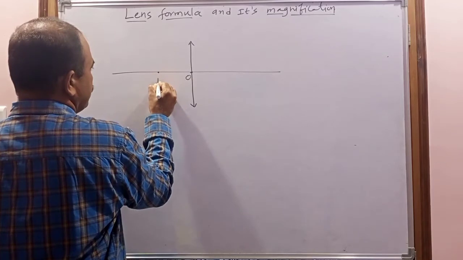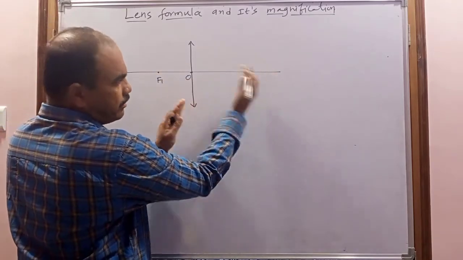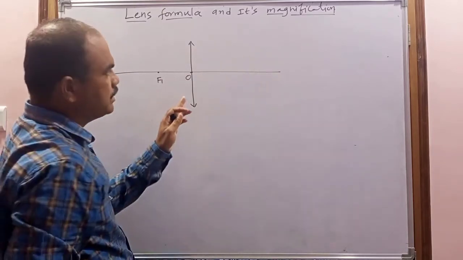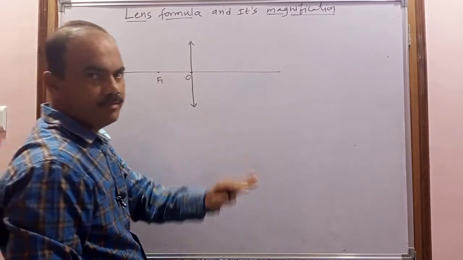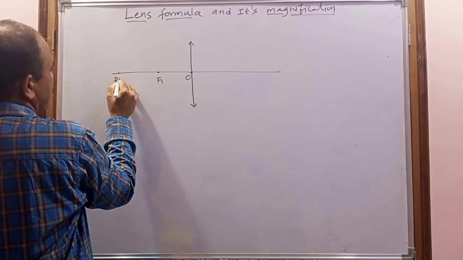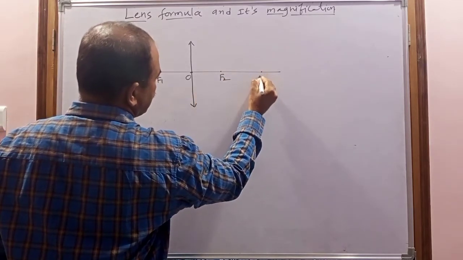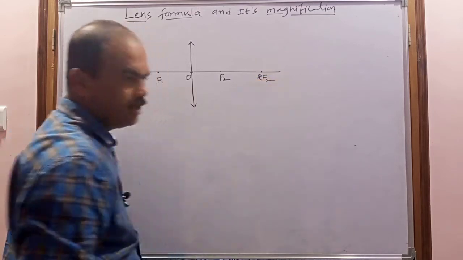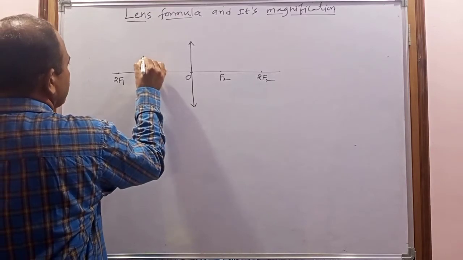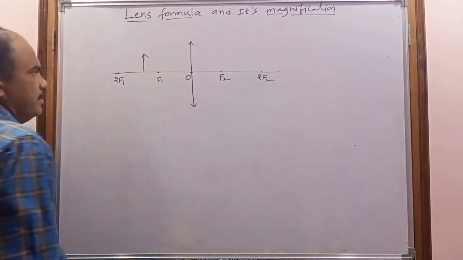Now consider this is the first principal focus, F1. The right side curved surface is the first one and the left side curved surface is F2. Now this is F1, this is 2F1, this is the second principal focus F2, and this is 2F2 or C2. Now consider the object is between F1 and 2F1.